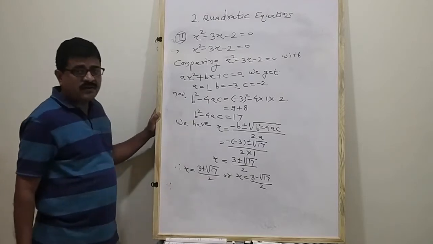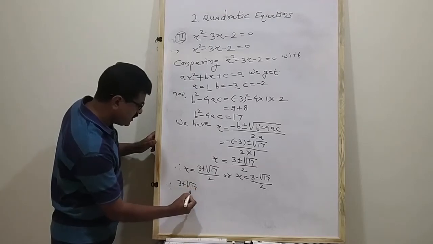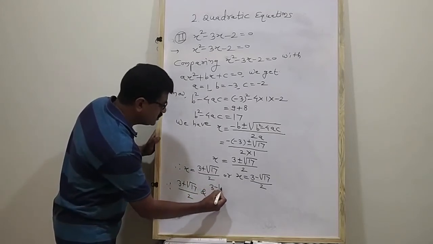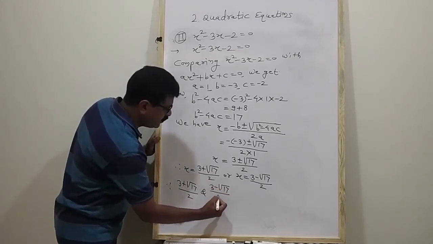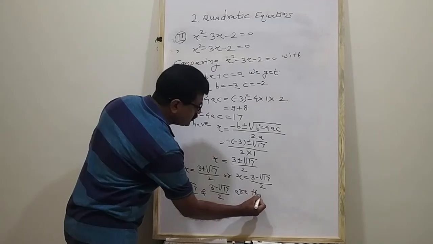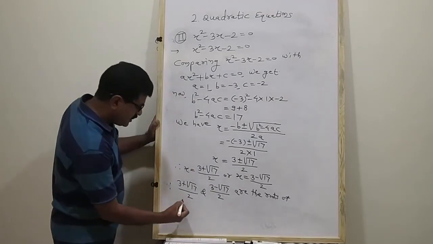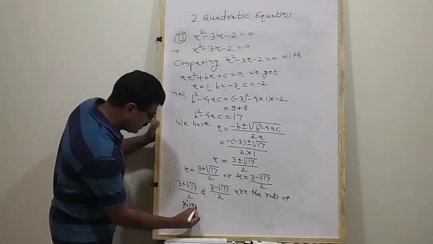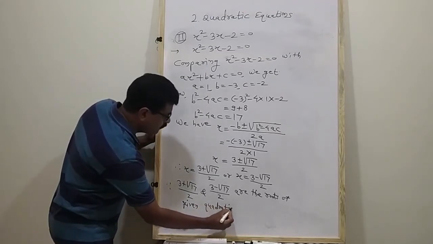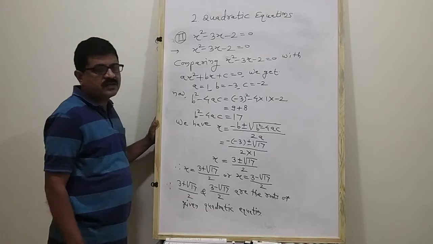Therefore write down the answer: 3 plus square root 17 divided by 2 and 3 minus square root 17 divided by 2 are the roots of the given quadratic equation.